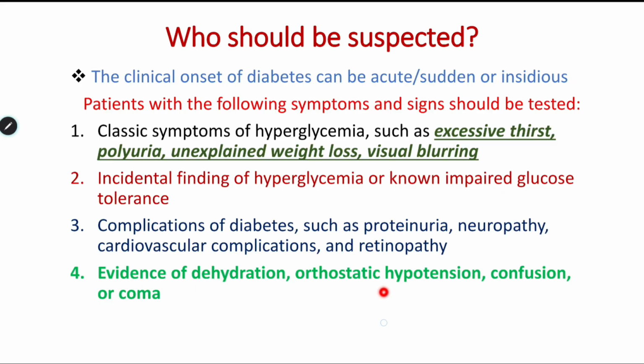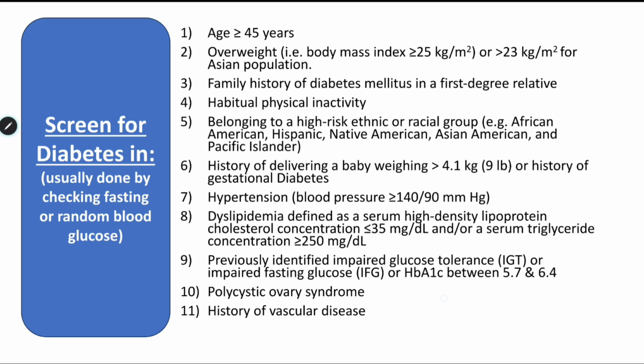So they can't immediately get up from a sleeping position. They need to get up gradually. This is orthostatic hypotension. That is a diagnosis that can be a sign of diabetes. Confusion, coma because of hyperglycemia, hypoglycemia.